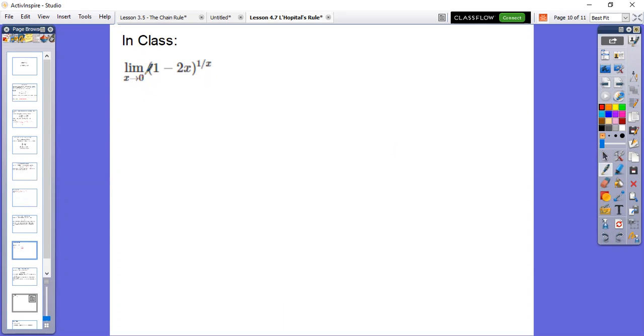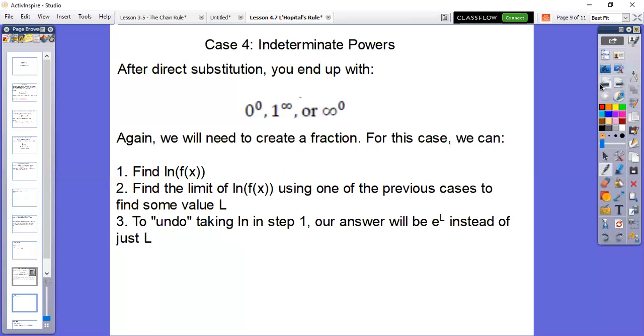So when I tried direct substitution, I plug in 0, this is 0, and 1 over 0 approaches infinity. So this looks like 0 to the infinity power. I'm going to go back and look at my list. 0 to the infinity should also be included here, because it's an indeterminate form since I don't necessarily know what it's approaching.